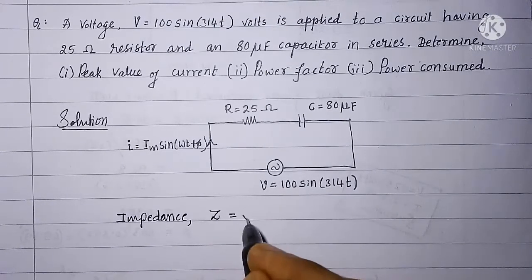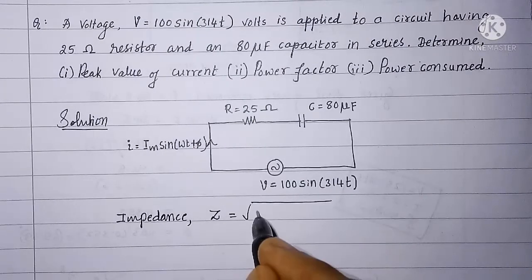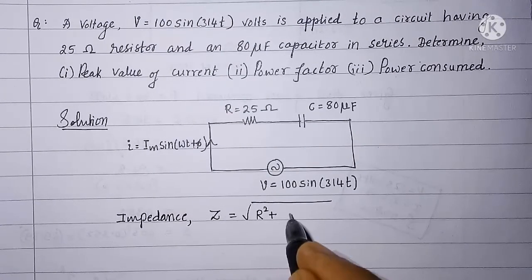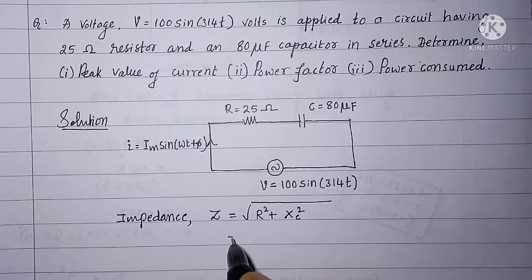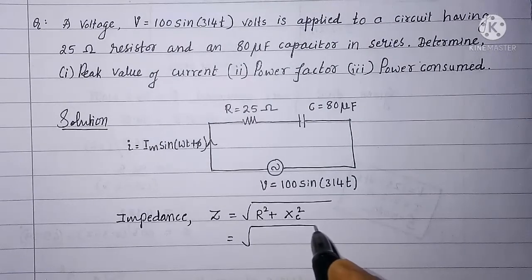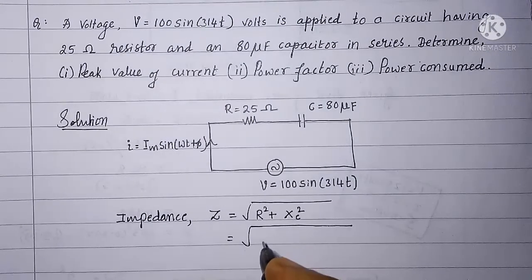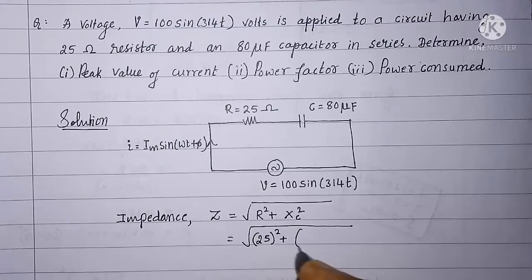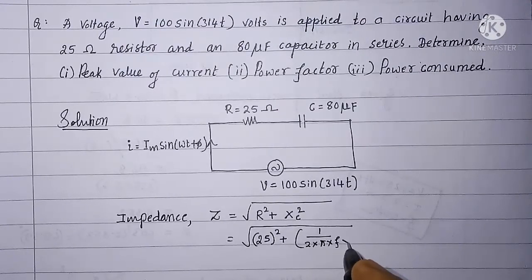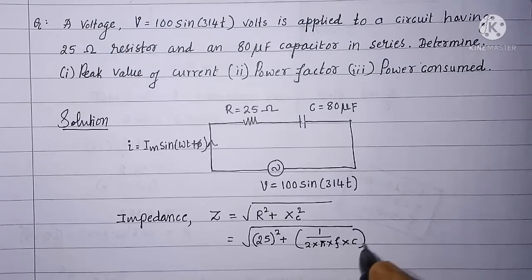Impedance Z is equal to square root of R square plus XC square, that is equal to 25 square plus 1 by 2 into pi into f into c whole square.